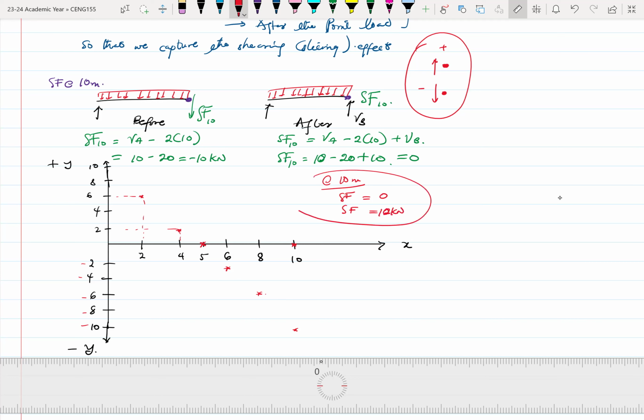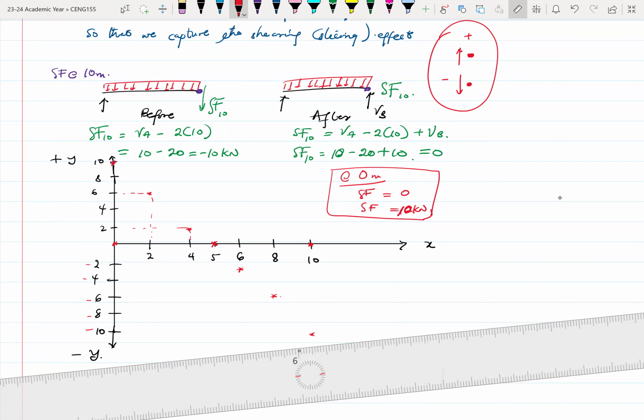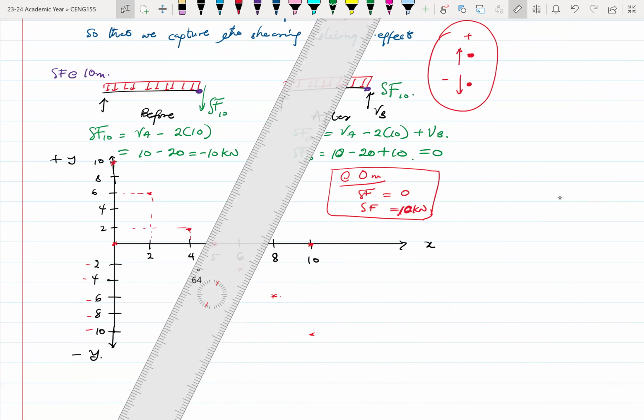It's the same idea. So at 0 meters, 10. That'll be somewhere here and then here. Okay, so let's try and join the lines and see what we get.